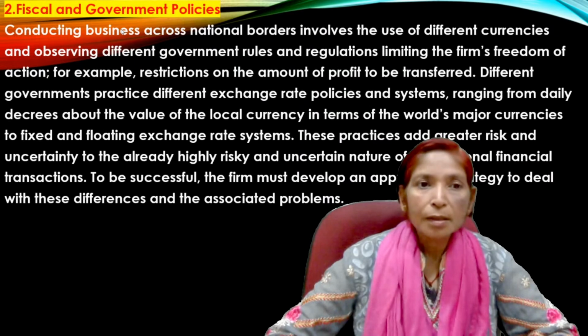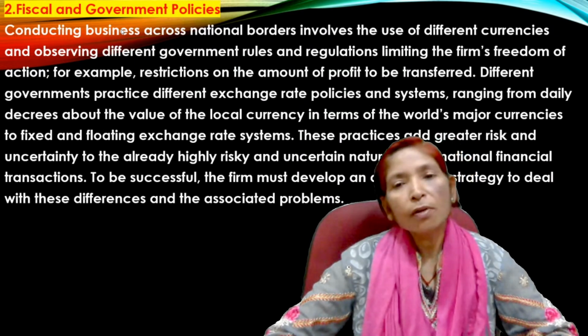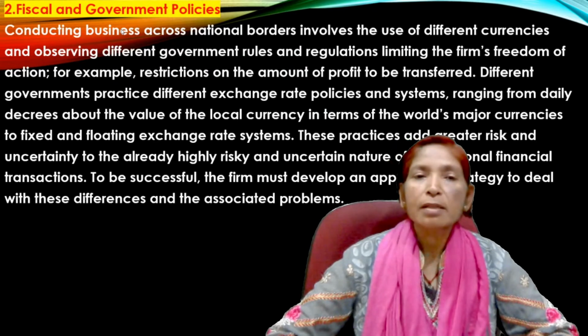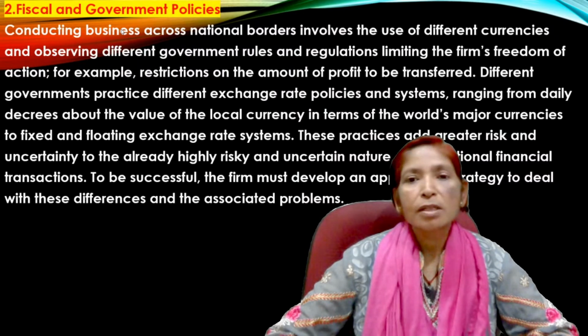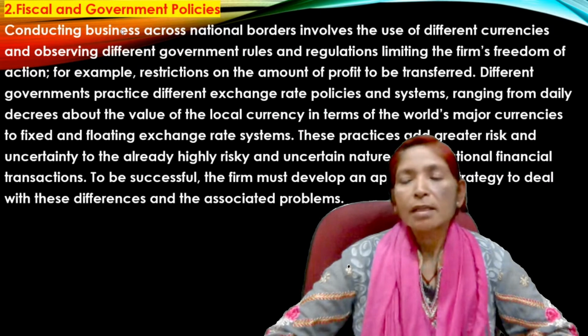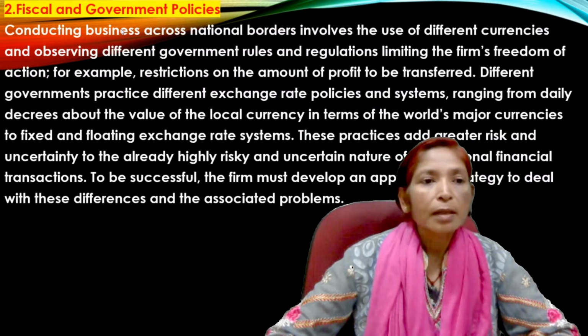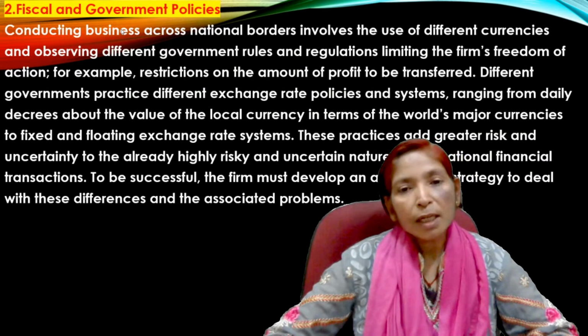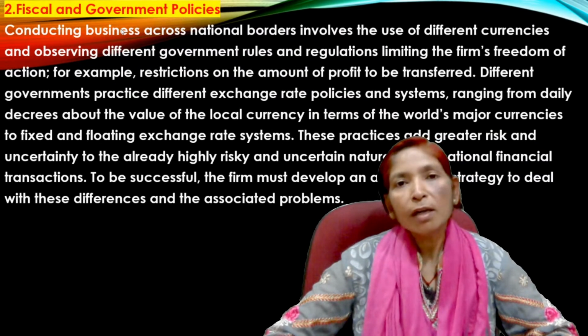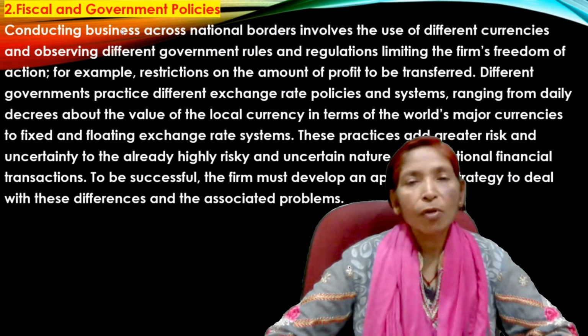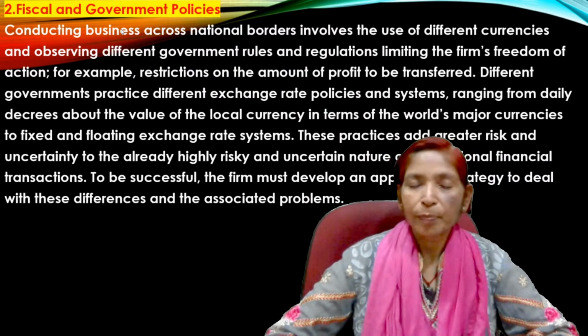For example, restrictions on the amount of profit to be transferred, different government practices, and different exchange rate policies and systems, ranging from daily decrease in the value of the local currency in terms of the world's major currencies to a fixed rate or floating exchange rate system.